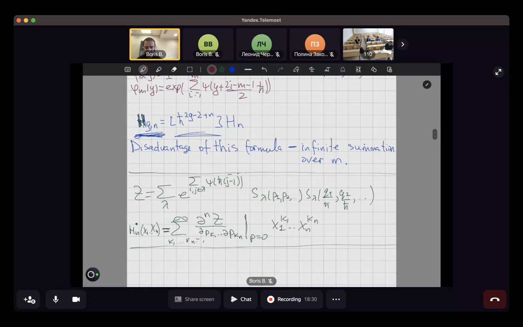Let me denote by d_i the derivative d over dx_i, and then take this d_1 ... d_n applied to h_n bullet.